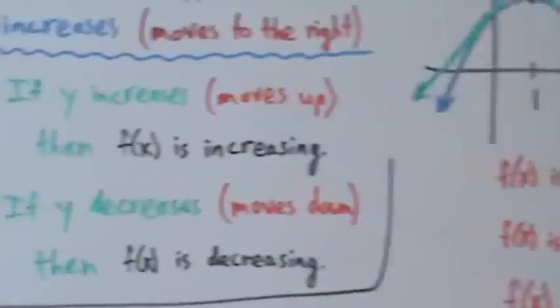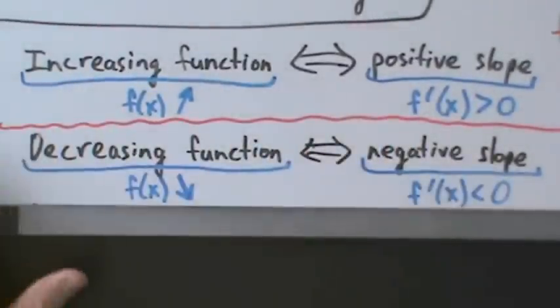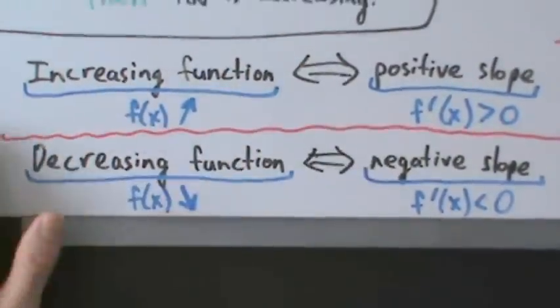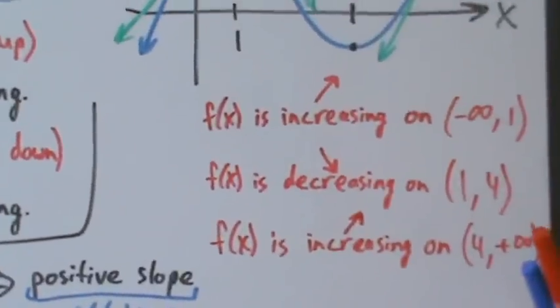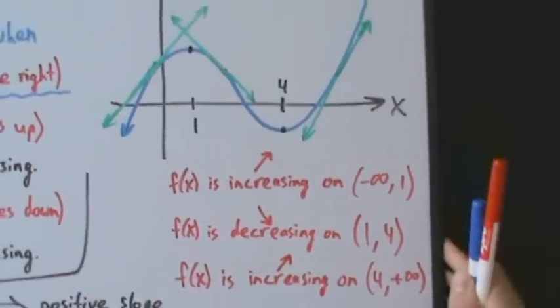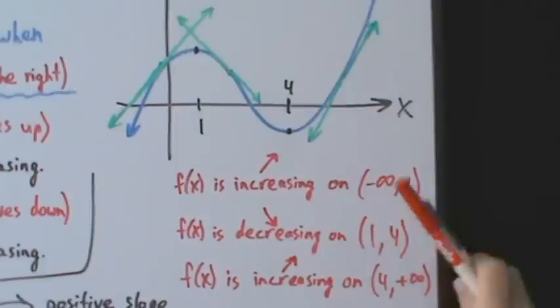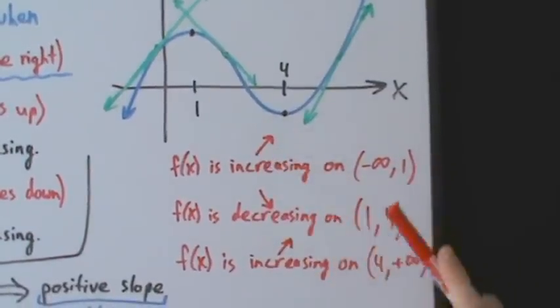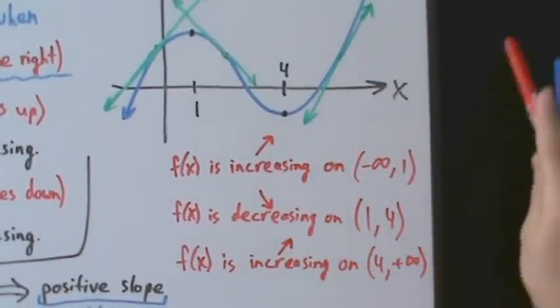Let's apply this to the picture we just drew. We know this function is increasing on negative infinity to 1, decreasing on 1 to 4, and increasing again on 4 to infinity.